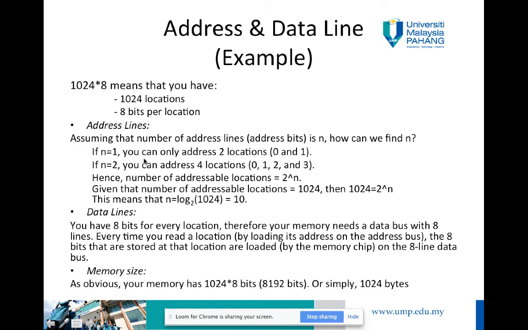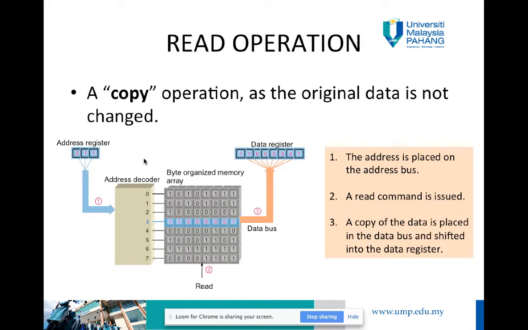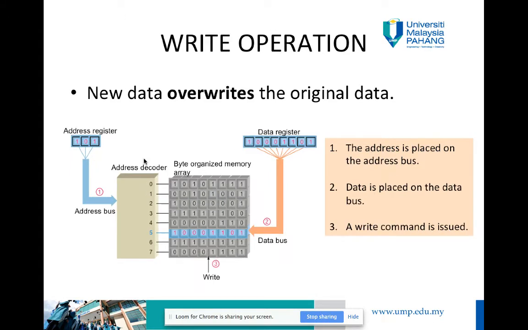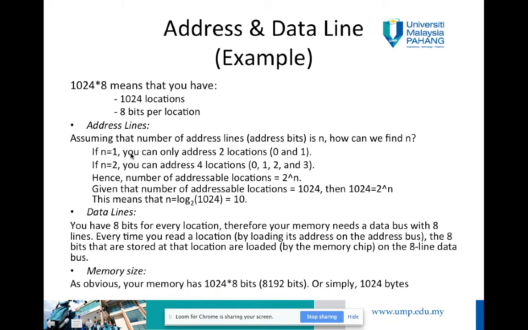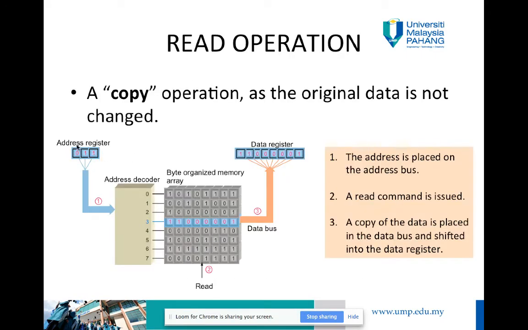Address line. If you go back to the slide, this is a write operation, this is a read operation. So for the address line, assuming the number of address bits is n, how can we find n? If n equals 1, you can only address 2 locations, 0 and 1, which is location 0 and location 1.